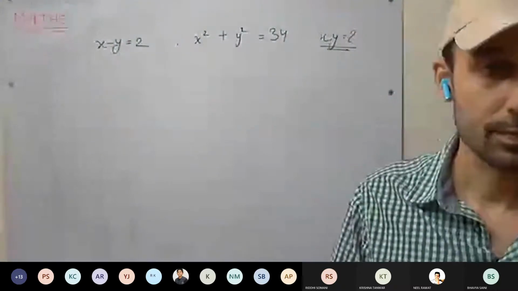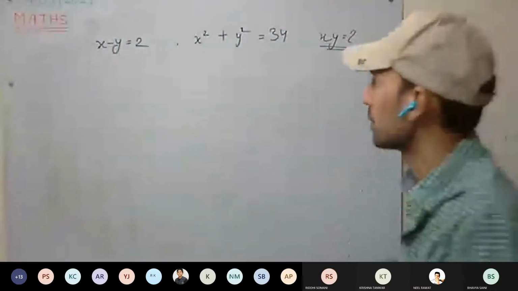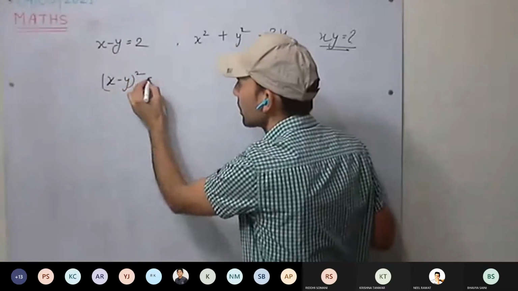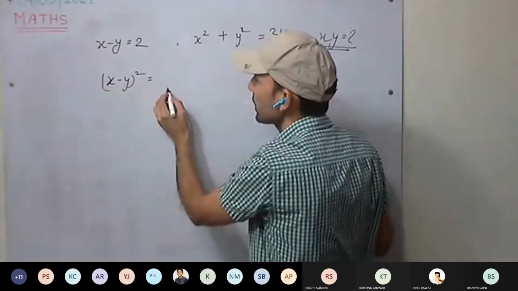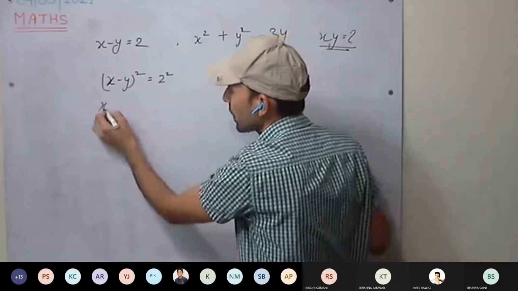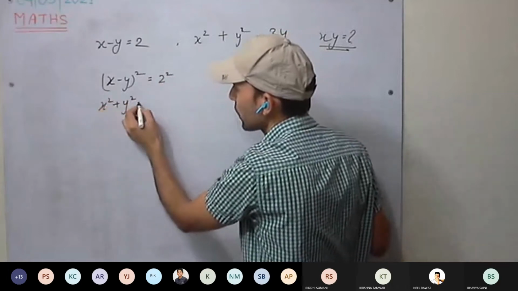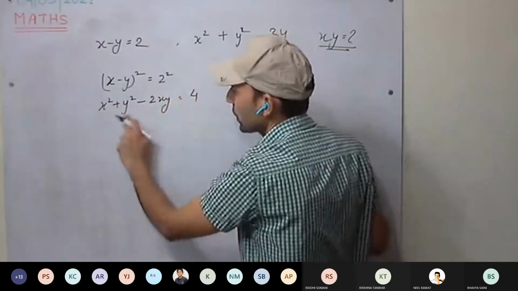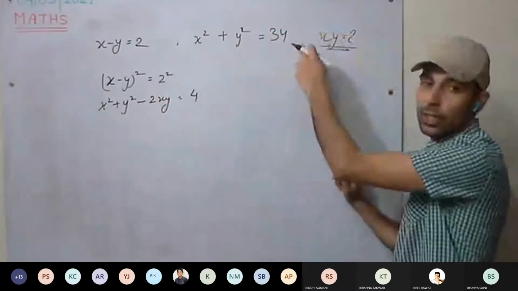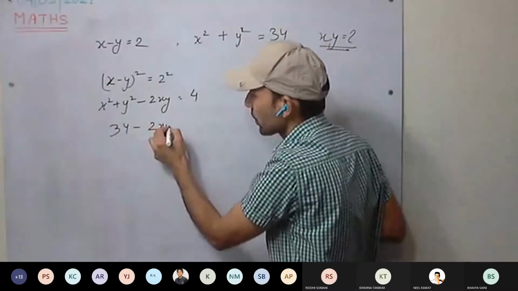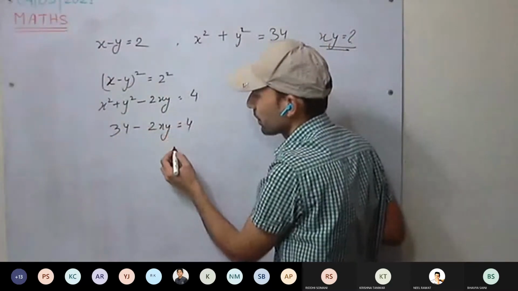Since a square is there, we have to take the square. Start solving. It will be 2 square, x square plus y square minus 2xy equal to 4. The value of x square plus y square is 34, so 34 minus 2xy equal to 4.